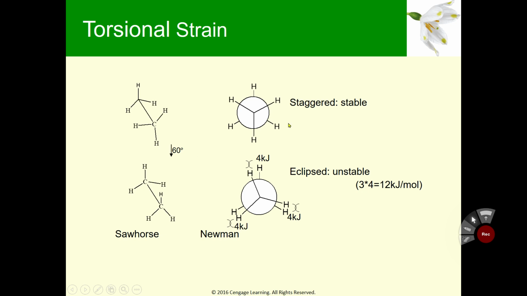In this case, the CH bond in the front is in between two CH bonds in the back. We call this staggered, because it is like a sawhorse, and they are staggered between these two CH, right?